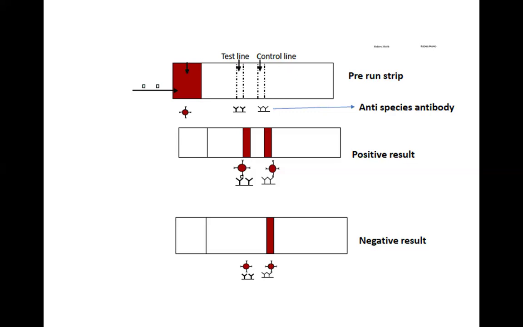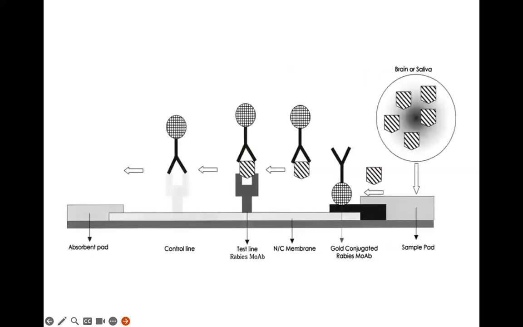The control line confirms that the lateral flow is working, but it is a negative result. Okay, so basically, this is what is happening on the lateral flow or test strip. Okay, so this is another picture showing how it happened. Okay, negative, but this one is positive. So the better picture, all right?